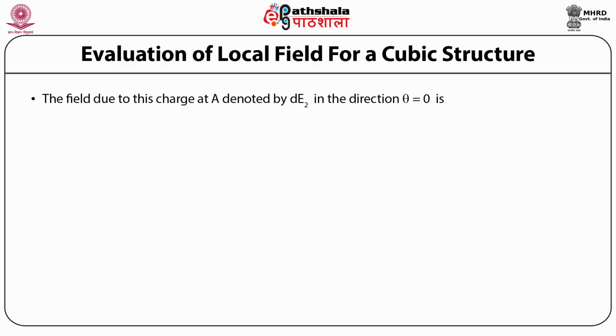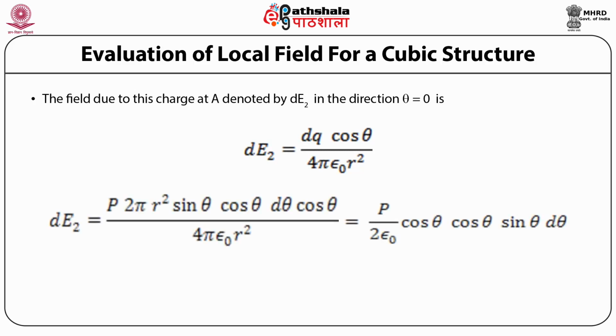The field due to this charge at A, denoted by dE2 in the direction θ = 0, is dE2 = dq cos θ/(4π ε0 r²), so dE2 = P 2π r² sin θ cos θ dθ cos θ/(4π ε0 r²), which becomes P/(2ε0) cos²θ sin θ dθ.